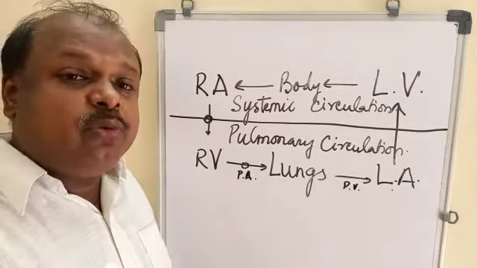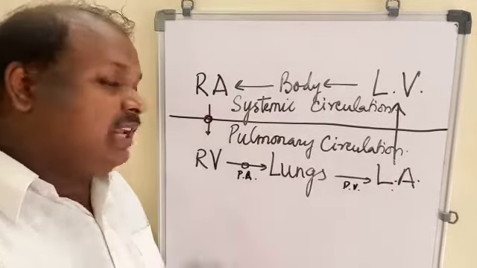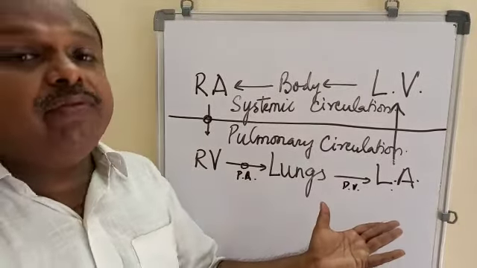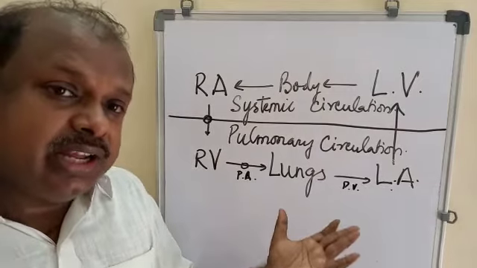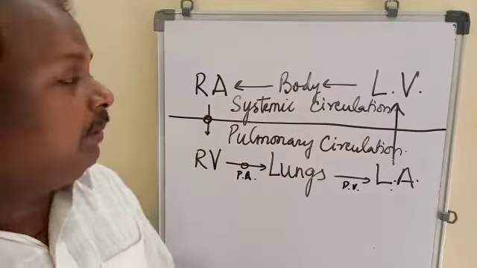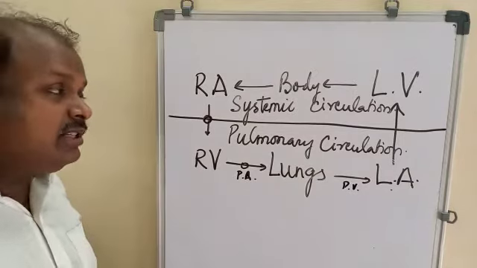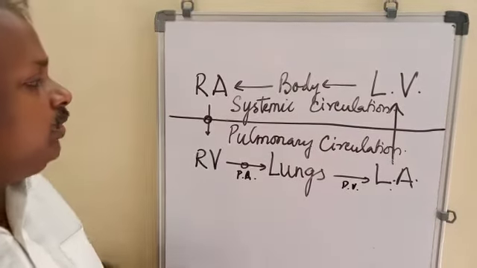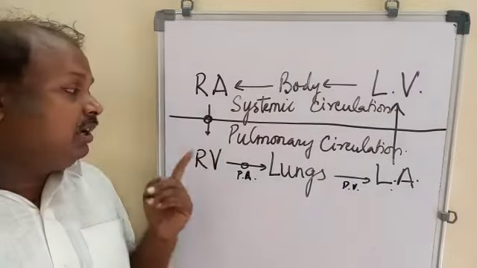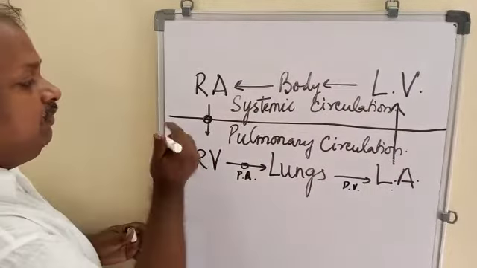We don't have to add anything to this diagram. Simply whatever we have learned till now, we have to just recall it again in such a way, and we will get full marks. So I am repeating once again. Just start learning it with me. From the right auricle, the deoxygenated blood reaches the right ventricle with the help of the tricuspid valve.